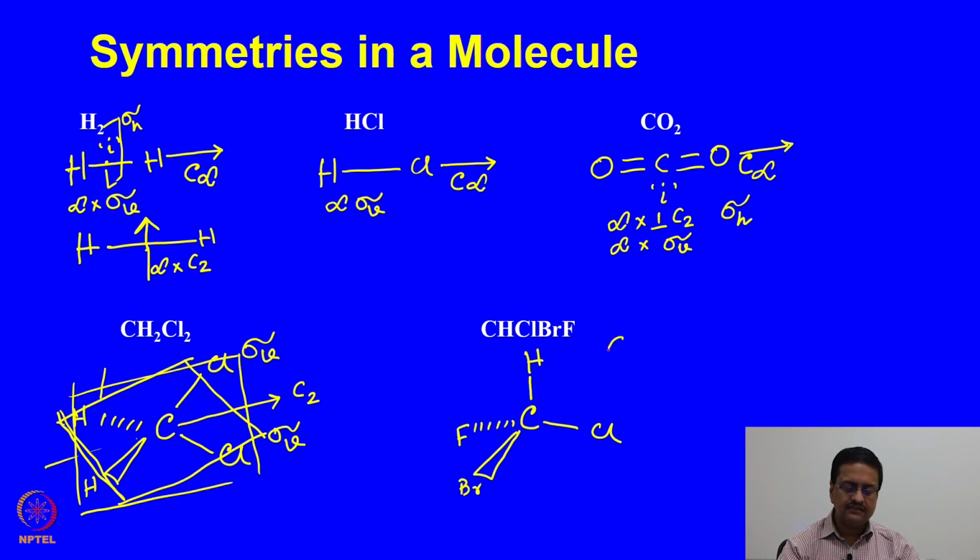It does not have any symmetry other than C1, because only by rotating 360 degrees about any axis do we get the molecule back. So, this is how we should try to identify the symmetry elements present in various molecules, and compare them with other molecules having similar symmetry to understand the role of symmetry in molecules.